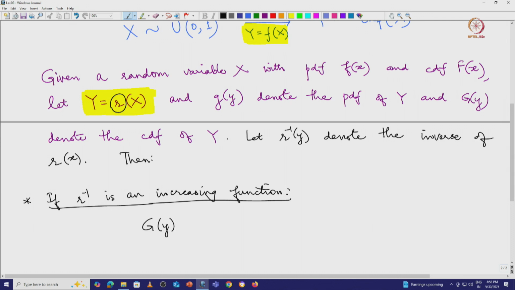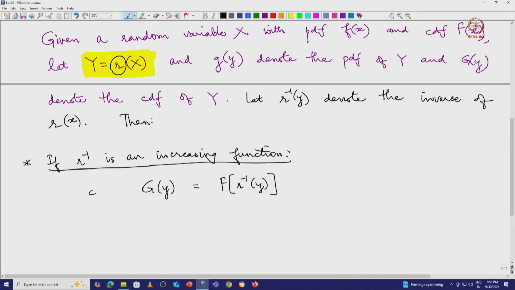then in that case your capital G of y is given simply as capital F of r inverse y, and if instead of the cumulative distribution function, you want to work with the probability density function, then small g of y will be given as f of r inverse y times d dy of r inverse y. Okay.